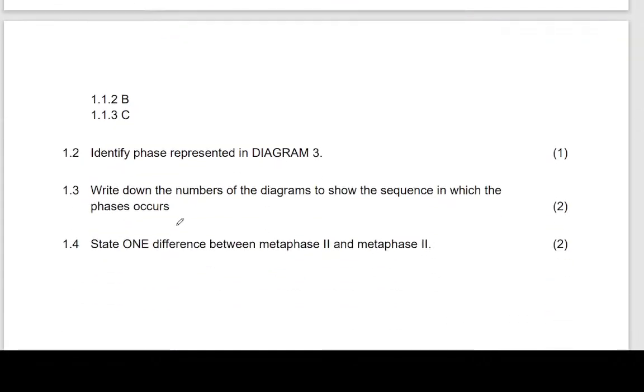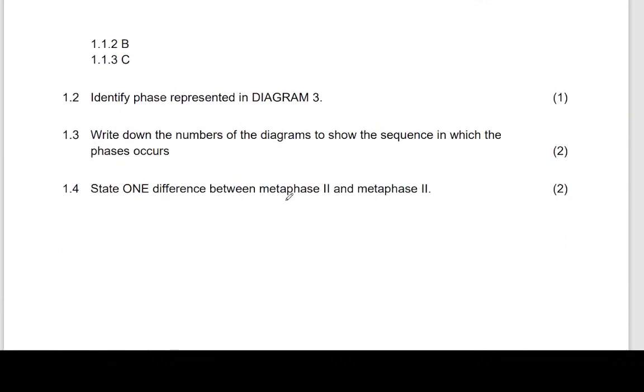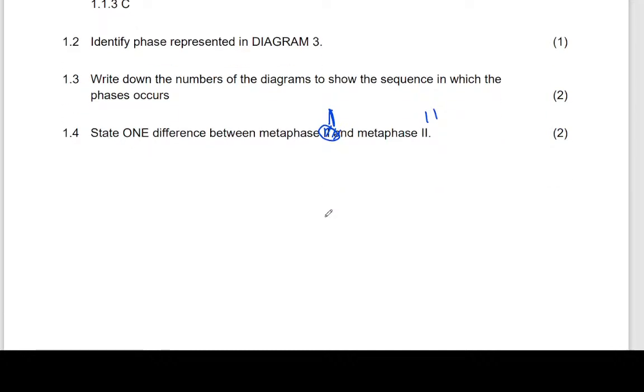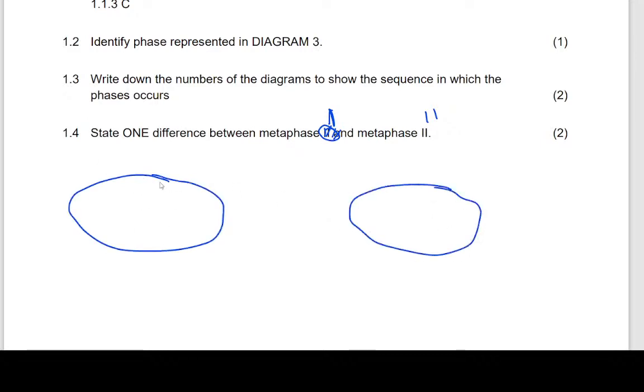They're saying, state one difference between metaphase 1 and metaphase 2. So what is the difference? Remember that in metaphase, chromosomes are in the center. You have a cell, and the chromosomes are supposed to be in the center.